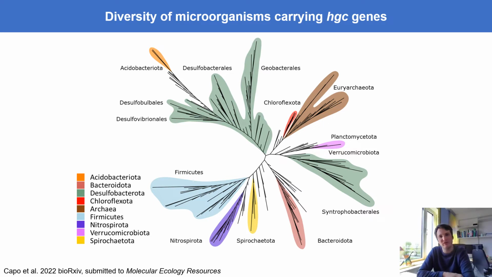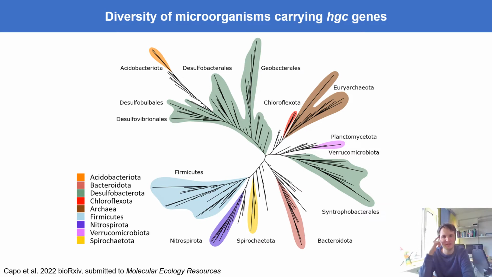We compiled all this analysis they did into a common database, a gene catalog that I will describe at the end of this talk, and we came to this specific phylogenetic tree of the diversity of microorganisms carrying hgc genes. And you can see that most of the genes are actually from Desulfobacterota.